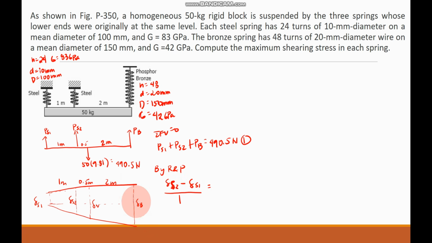And then at this part, so this is deformation of the bronze minus deformation of the spring 1 for the steel, all over 3 meters.